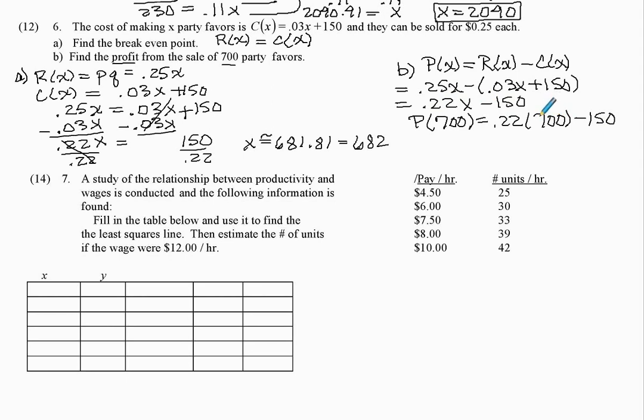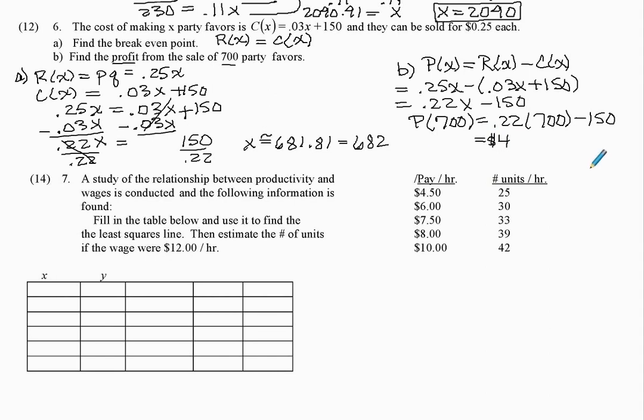And if you do the plugins here, 0.22 times 700 minus 150, you actually get 4. So that's going to be a profit of $4. Woo-hoo, let's go throw a party, right? $4 worth of profit.